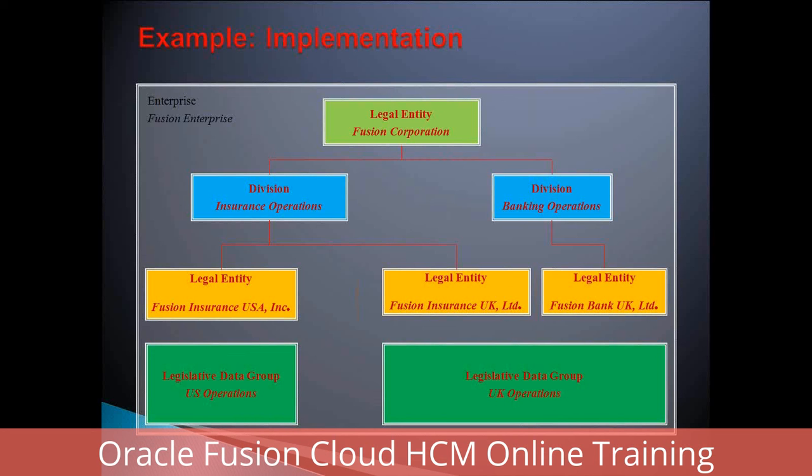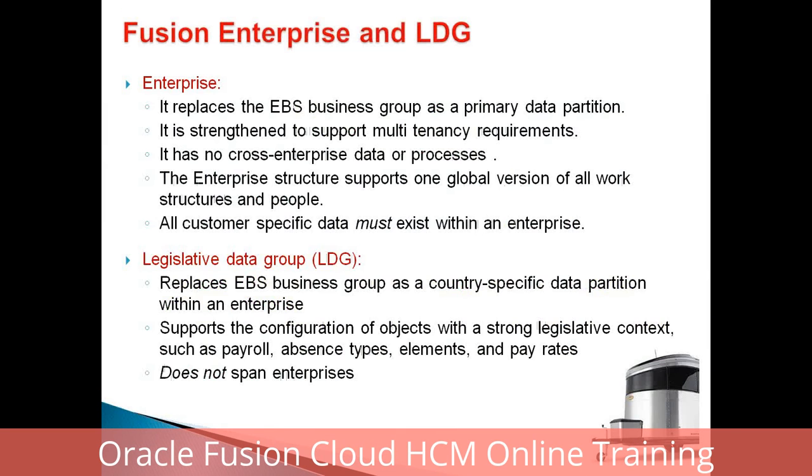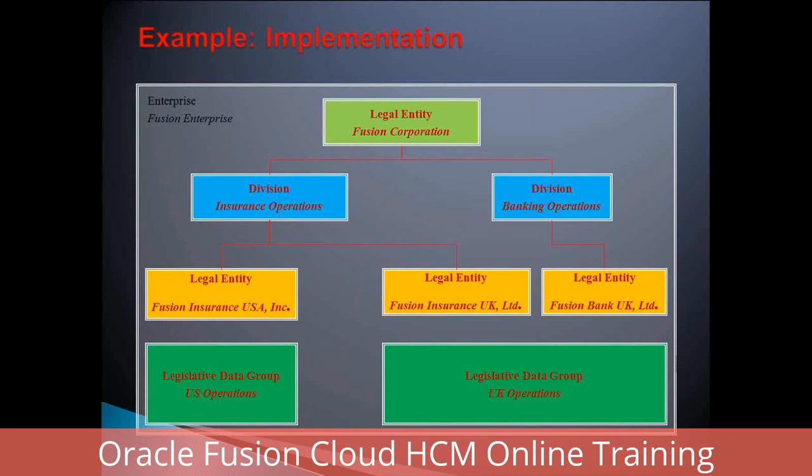Then within that you can have the divisions. Division is more like a product specific or line of business specific or region specific. Like in this example, this particular Fusion Corporation is having insurance operations as well as banking operations. So banking is one division, insurance is another division.